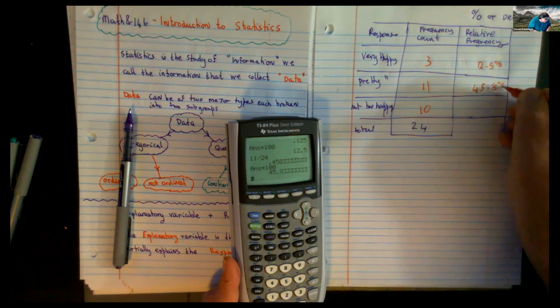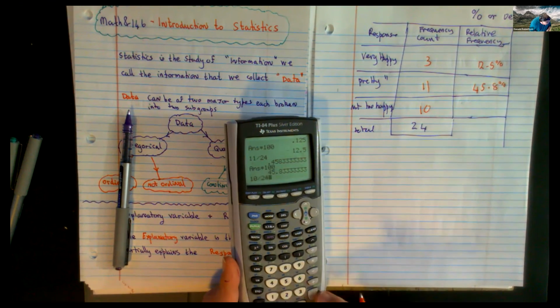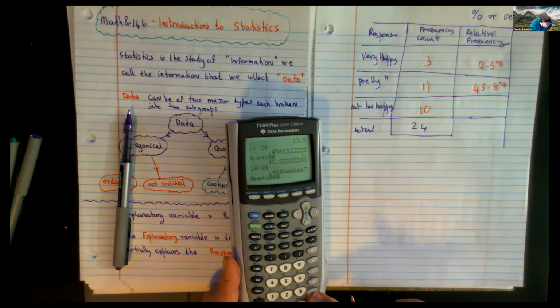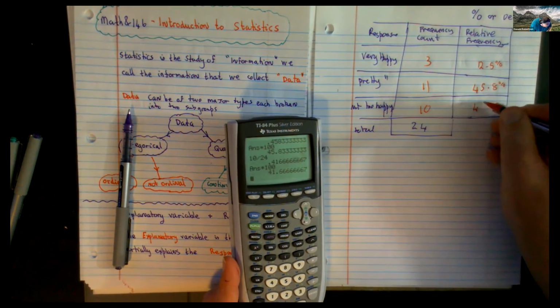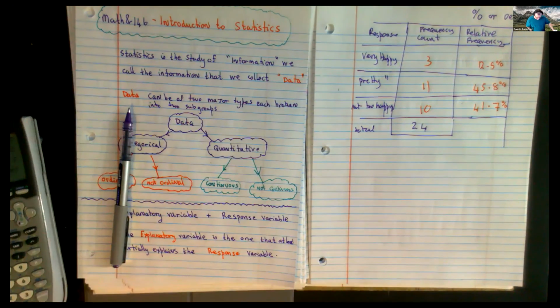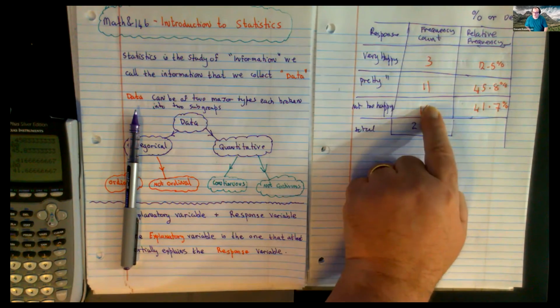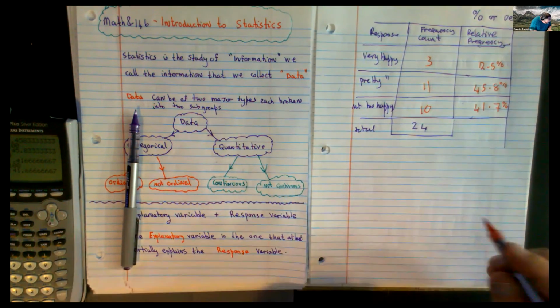Let's just do it to 1 decimal place. And 10 divided by 24 times 100, and that gets me 41.7%. Now, isn't this information essentially the same as that information there, right? It's just different ways of writing it.